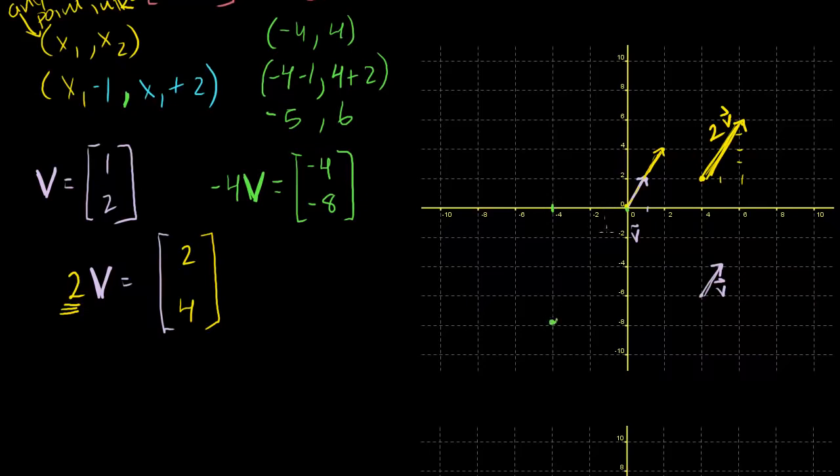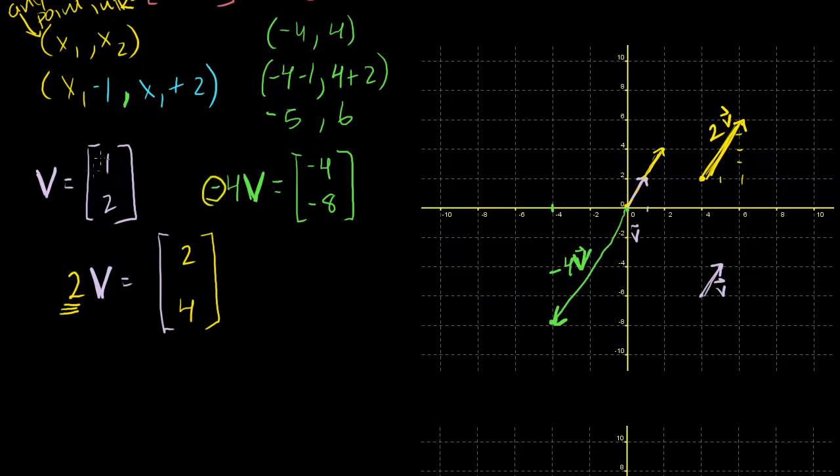It'll look like that. So this new vector is going to look like this. I want to make sure I can draw a relatively straight line. There you go. So this is minus 4 times our vector v. I'll do a little arrow on it to make sure you know it's a vector. Now what happened? Well, we're in the exact opposite direction, but we're still along the same line. And it's the negative that flipped us around.